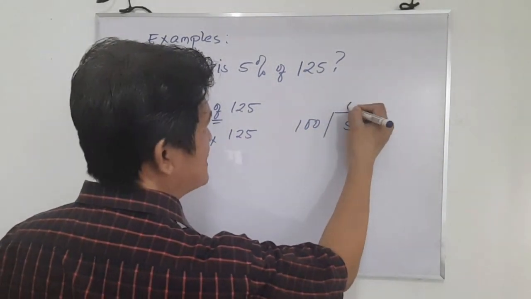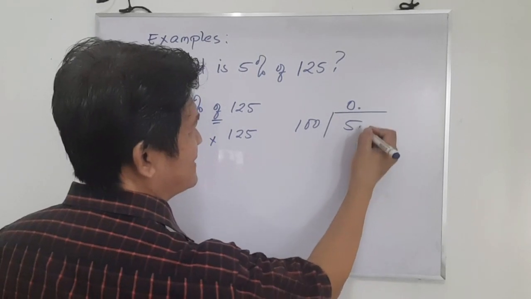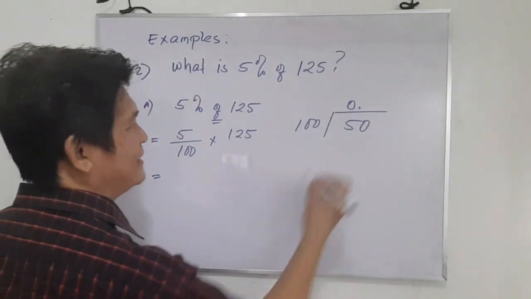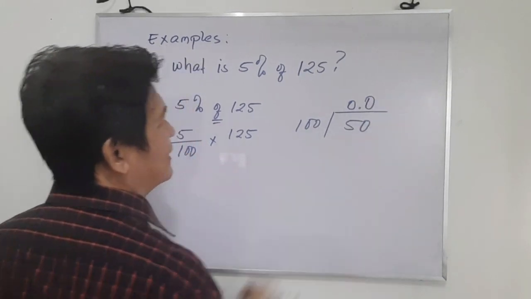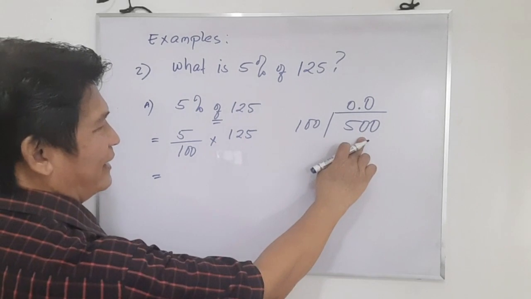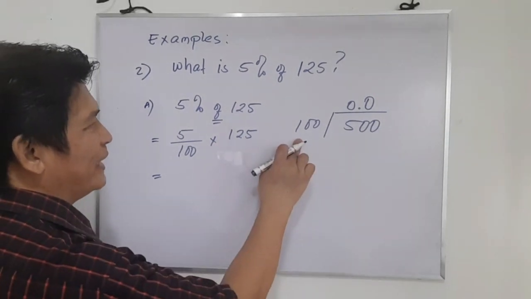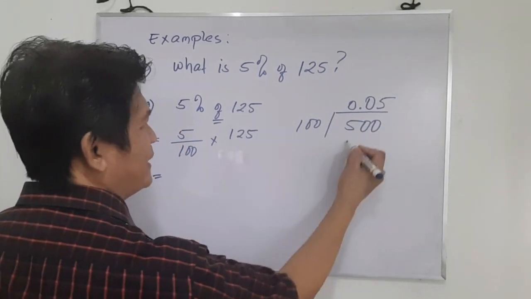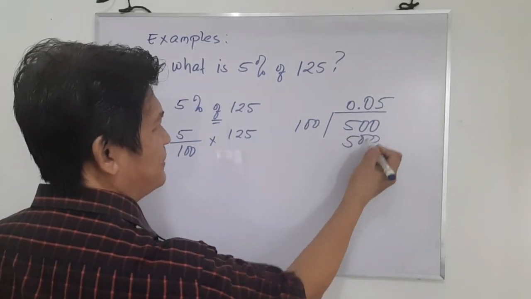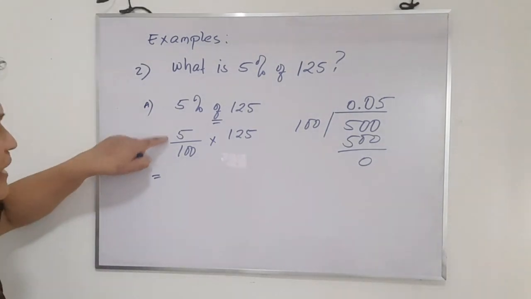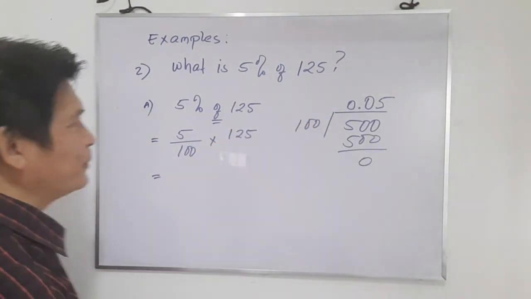It cannot be 0, so we add a decimal. We add another 0. 50 divided by 100 still cannot be. We add another 0. Can we divide now? 500 divided by 100 is 5. And 5 times 100 is 500. We subtract, it is 0.